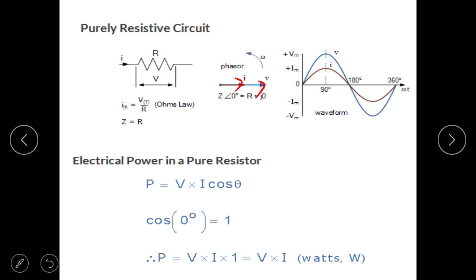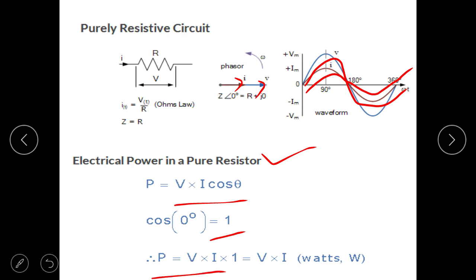In this waveform, the voltage is represented in such a manner and the current wave is similar. Power is the product of voltage and current. So power in pure resistance P is equal to VI cos theta, theta is equal to 0, so cos 0 is equal to 1. So power P is equal to V into I, that is VI watt.